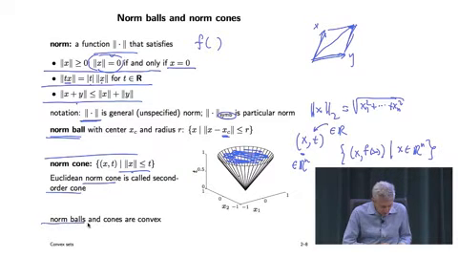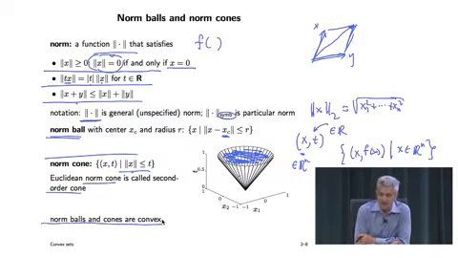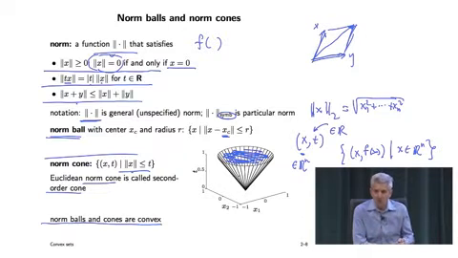Main assertion: norm balls and cones are convex. By the way, the norm cone, as the name implies, is a convex cone. You can't just say that; technically somebody has to show these things, and that could be you on your homework. You can either trust us, read about it, or some of these things are very good exercises: just sit down and show that they hold.